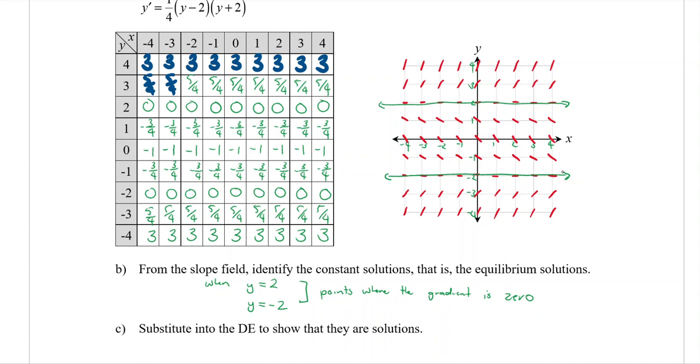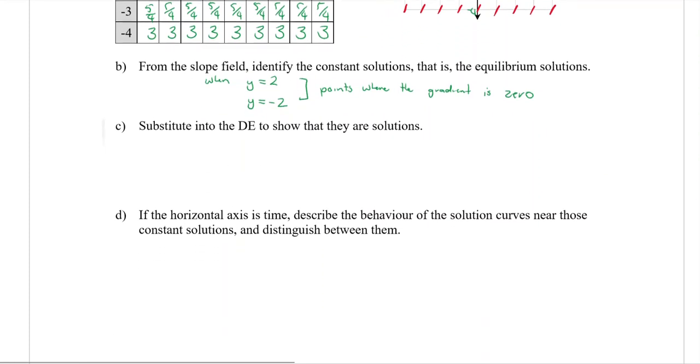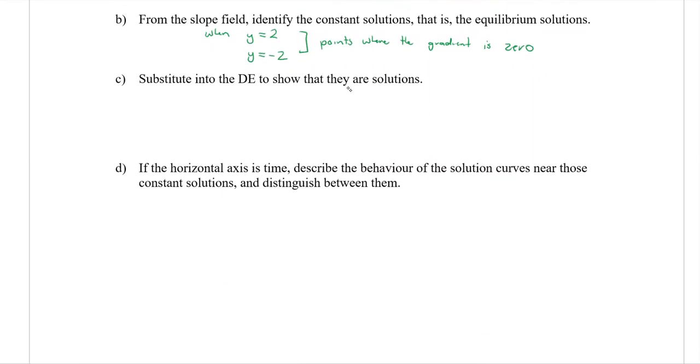Okay, part C. Substitute into the differential equation to show that they are solutions. I've got to do that for both of them, so I'm going to divide my page here. First of all, I'm going to show for when y is equal to +2. If I substitute that into my differential equation, let's just go to the right-hand side first, because we have the y dash on the other side.